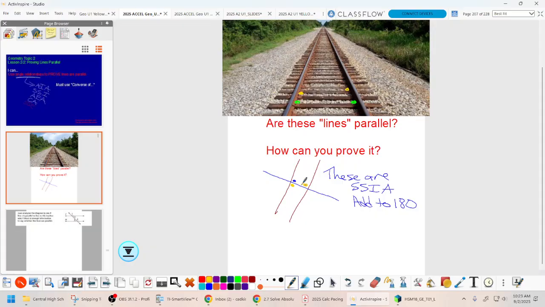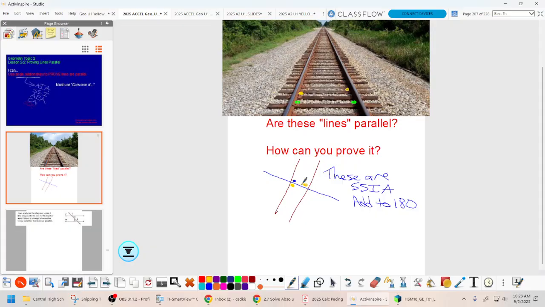So basically what we've done is read all of our statements in our proofs backwards to prove these lines parallel. So here's what I mean. Before we said if two lines are parallel, then alternate interior angles are congruent. If the lines are parallel. Okay, but now we're going to say if those angles are congruent, then the lines must be parallel. You see the difference? And so what we're about to get into is both types of proof.